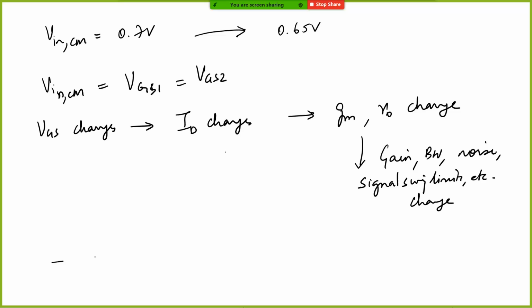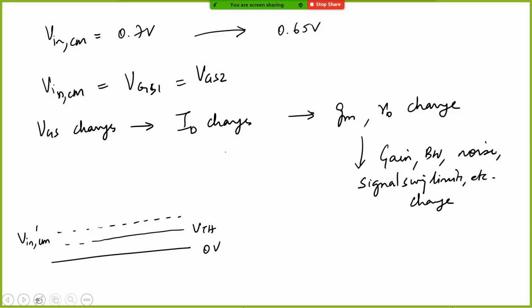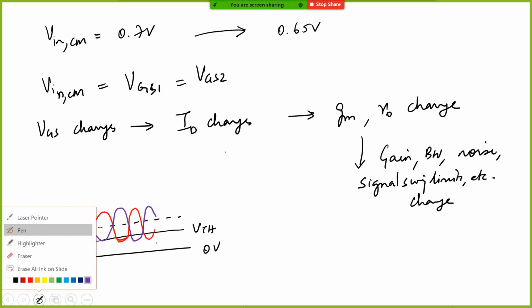What can happen is, let's say your common mode voltage suddenly drops from a higher voltage to a common mode prime, where let's say this is your VTH. Now your differential signals can go below VTH. What will happen to your output? Let's say I am drawing the other signal like this. Now what will happen to your output?